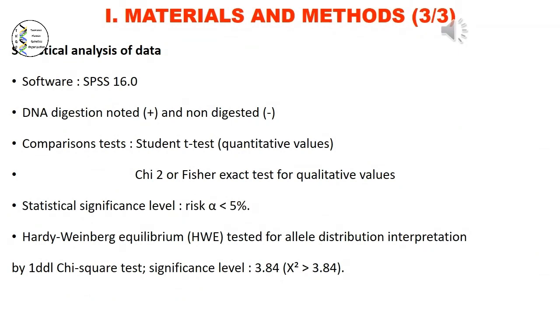The comparisons were made using Student tests for quantitative values and Chi-square or Fisher exact tests for qualitative values. The tests were considered significant at the risk of 5%. The Hardy-Weinberg equilibrium was tested for allele distribution interpretation, and the significance level was 3.84.